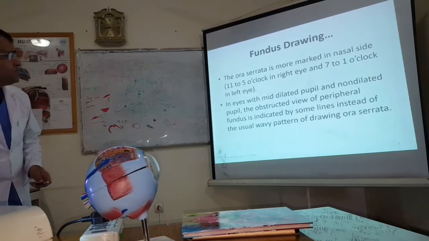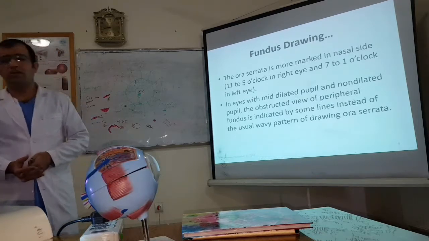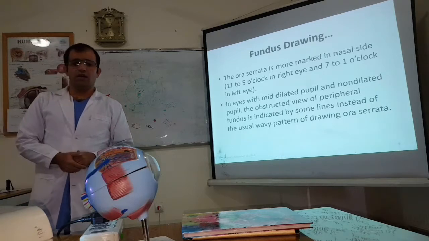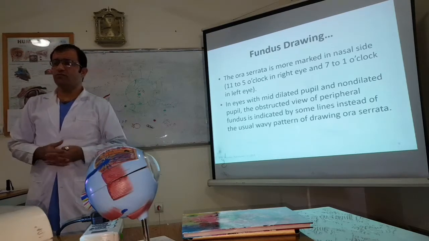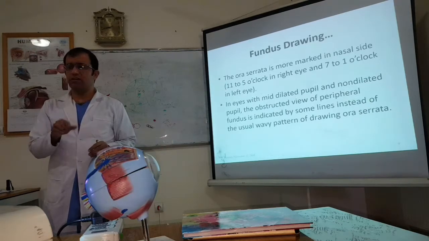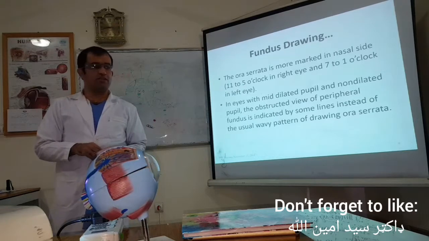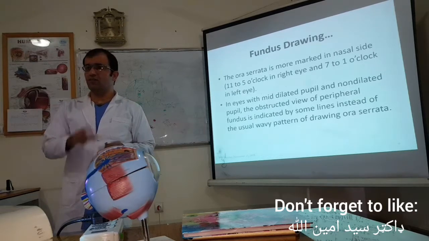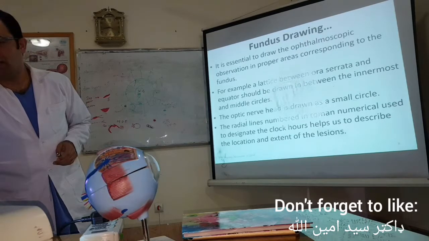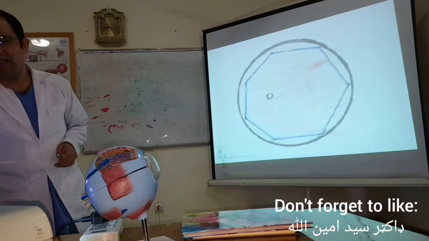And sometimes, if the pupil is not completely dilated, or you cannot see the ora serrata, there is another technique. Also, most of the drawings which come to us from some private hospitals, they don't draw the ora serrata. That is why you must also know that rule. If you cannot see the ora serrata in your fundus drawing, you may use another kind of drawing, and that is going to be like this.